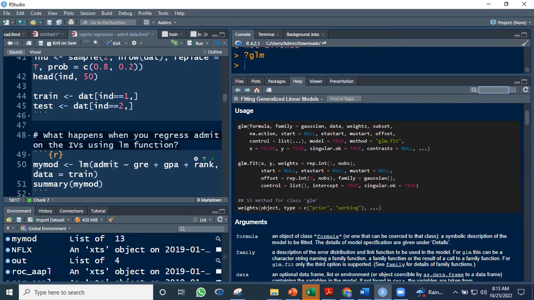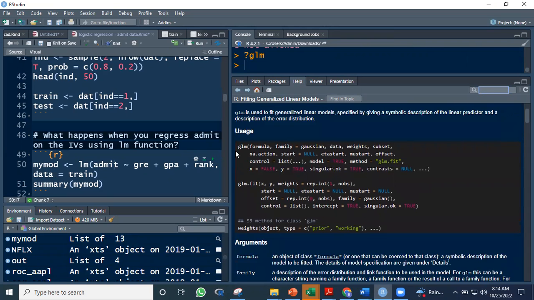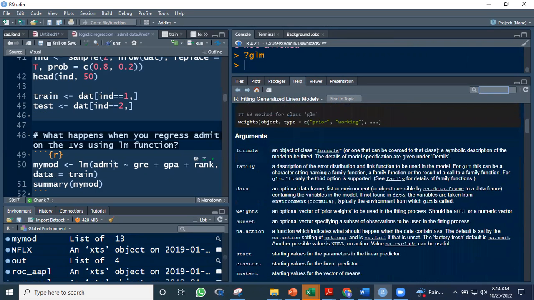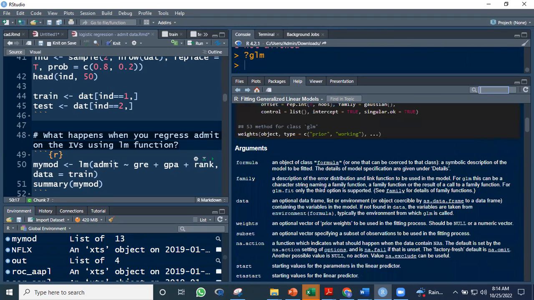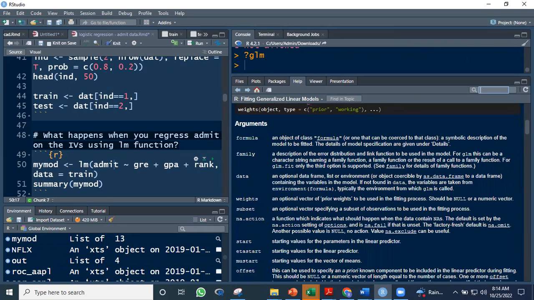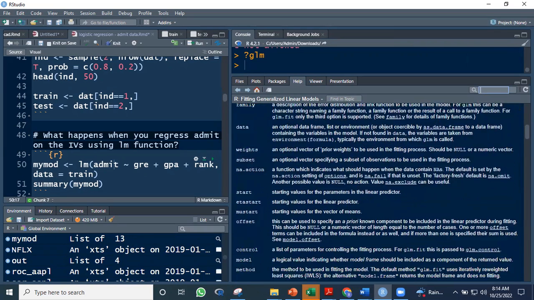So if we take a look at this, guys, GLM, yung formula natin, yung family is equal to Gaussian, and then here are other syntax, ano? Tapos, if we take a look at this, saan ba yung family natin? Okay, data.